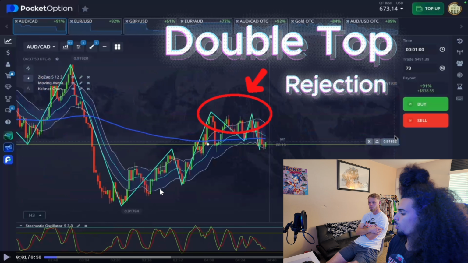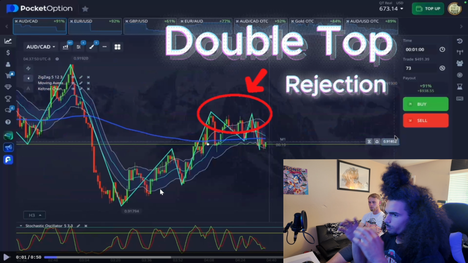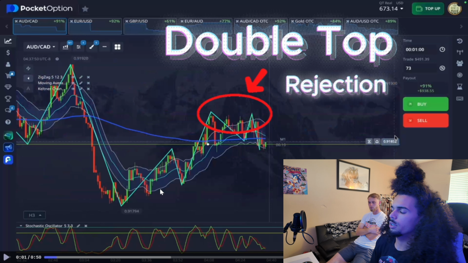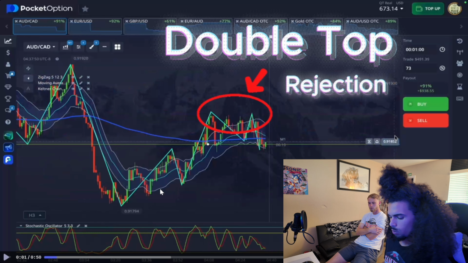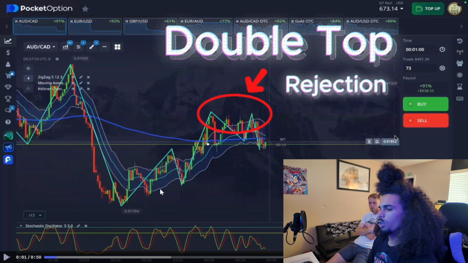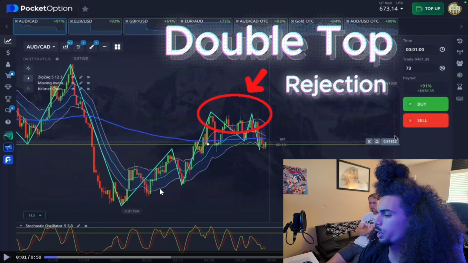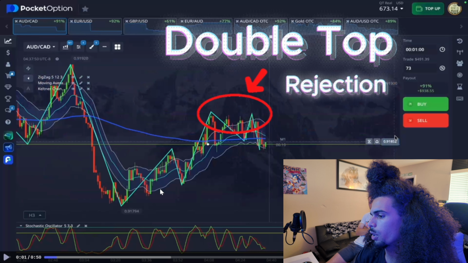These are bearish engulfs now, what I wanted to tell you about. A bullish engulf and a bearish engulf. So it's an engulfing candle, basically meaning, you see how we got this uptrend right here?